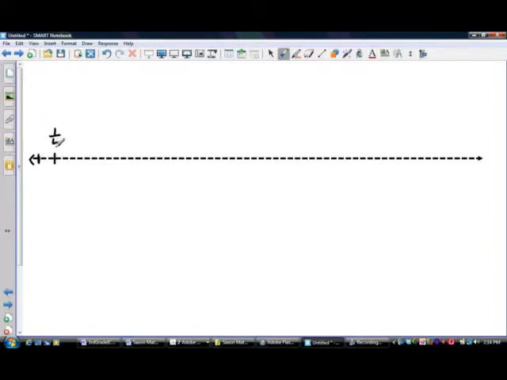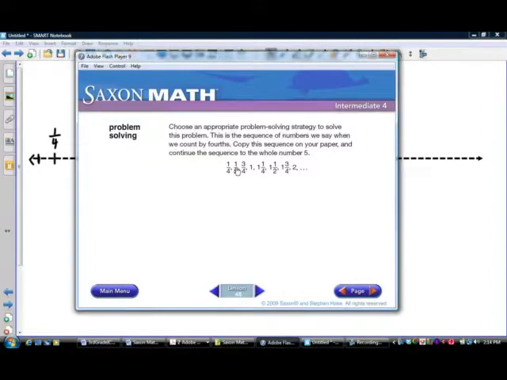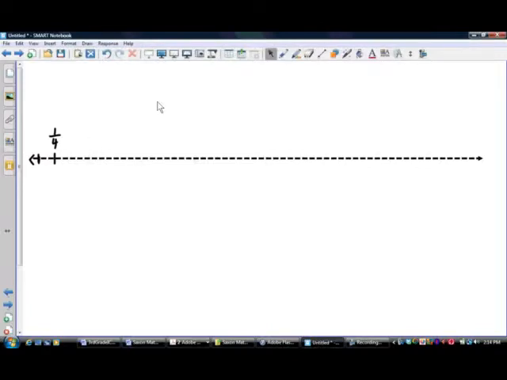So if we do 1/4, and then it said, let's double check, it said 1/2. It didn't say 2/4, did it? Okay, because 1/2 is the best way to say 2/4. So this would be 1/4, 2/4, 3/4, and then what? 1 whole.